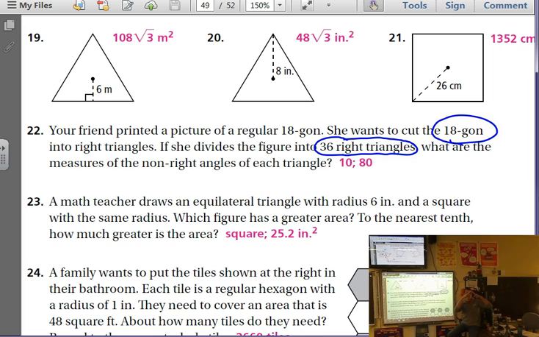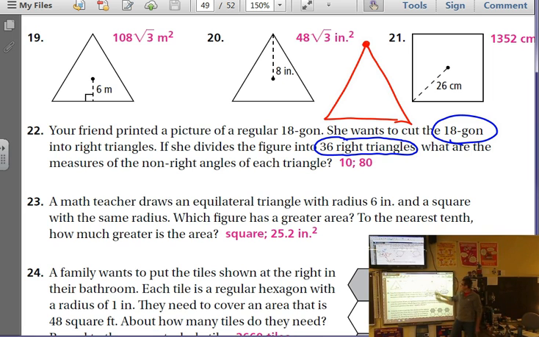So we have that middle angle of 20 degrees, which when I chop it to a right triangle becomes 10 degrees, and then this base angle has to be 80. Wait, I'm confused. Why does that have to be? So picture an 18-gon, and this is the center of the 18-gon.